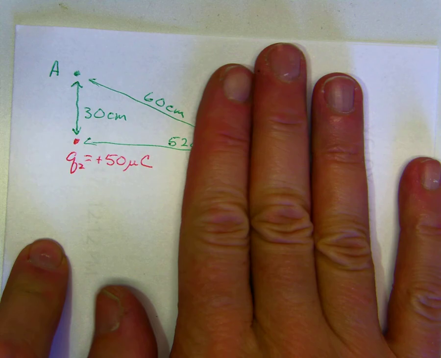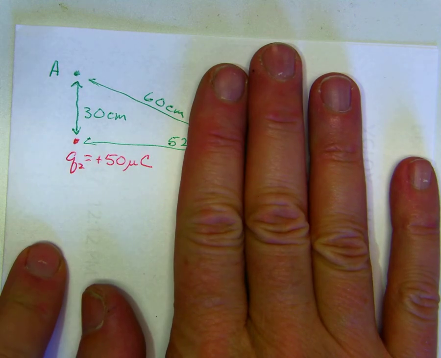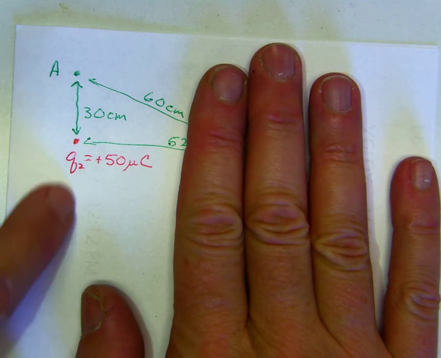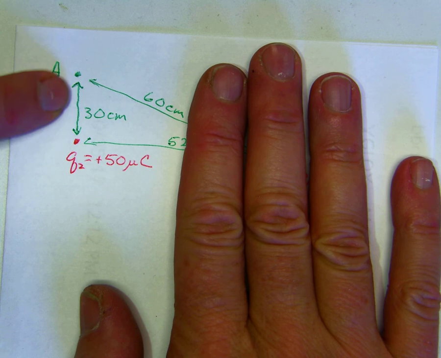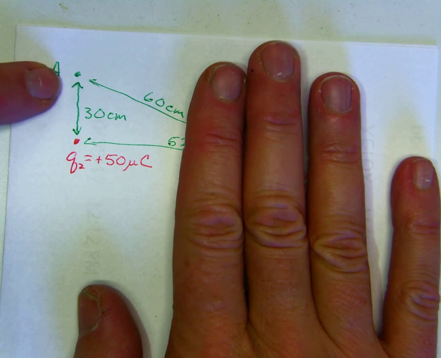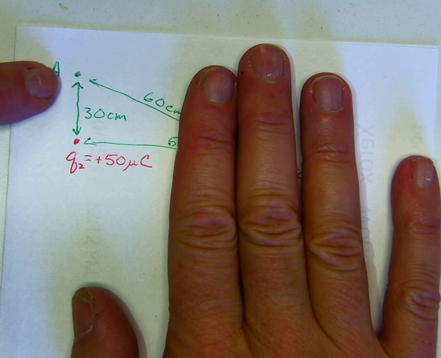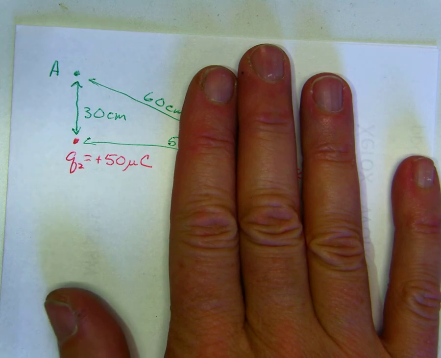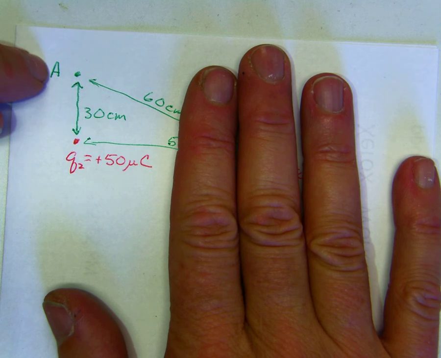If we just had this one charge, what would the electric field look like up here? Going out everywhere. So at point A, which direction would it be going? Up. Right.